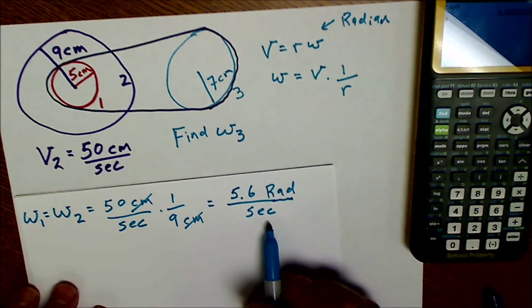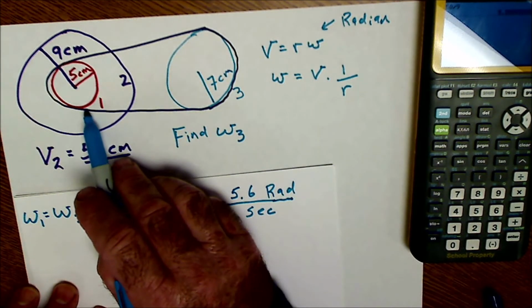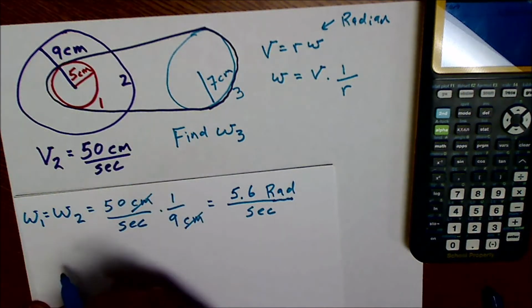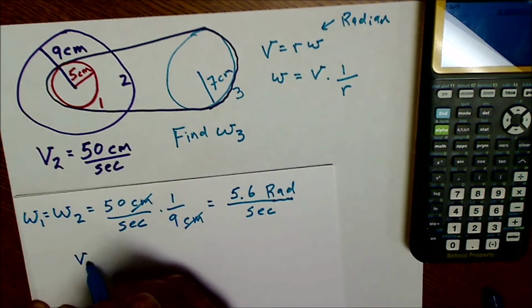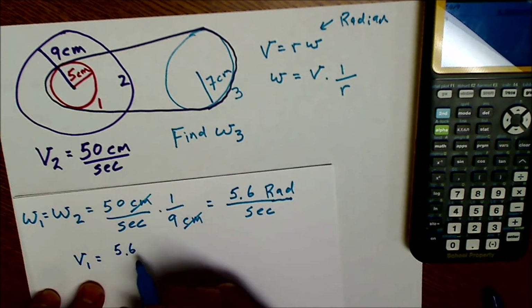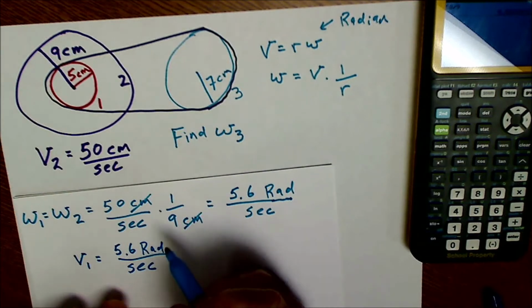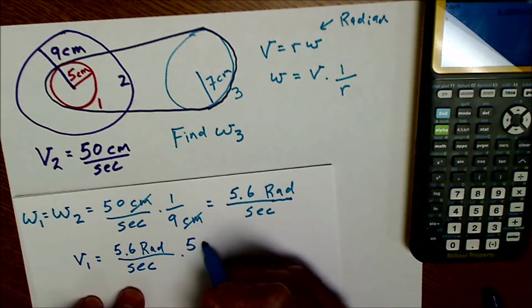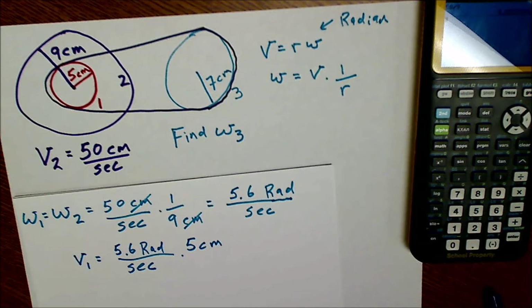Now that I have that, I can find the linear velocity of gear 1. So the linear velocity of gear 1 is equal to its angular velocity, 5.6 rads per second, times its radius of 5 centimeters. Radians will just drop out because it's really a placeholder.